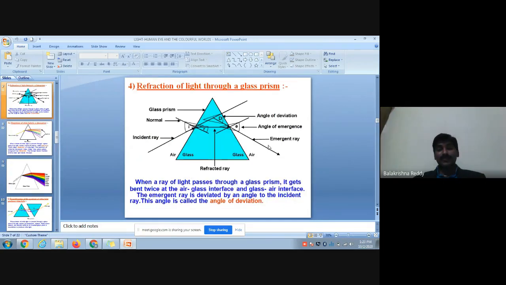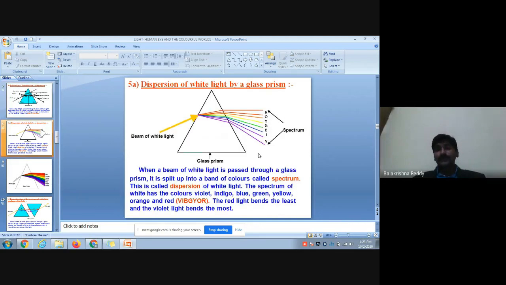In the previous slide also, the light ray which entered here bends towards the base. Again, the light ray which is emerging out also bends towards the base. In both cases it bends towards the base. Here also the light ray, though it is splitting, is also deviating. After deviating, it bends towards its base.